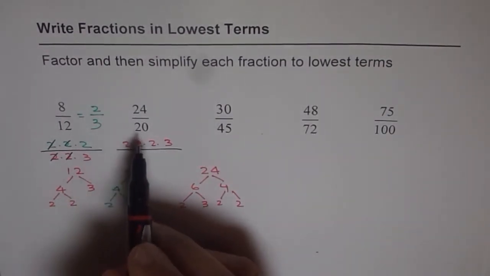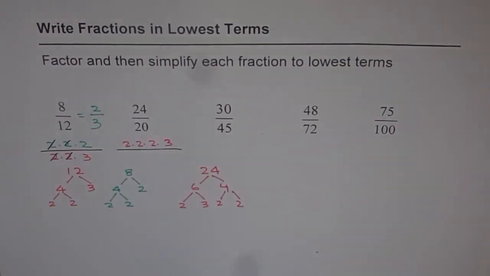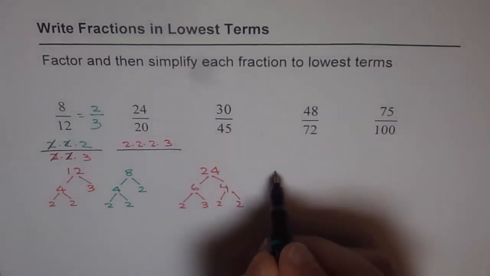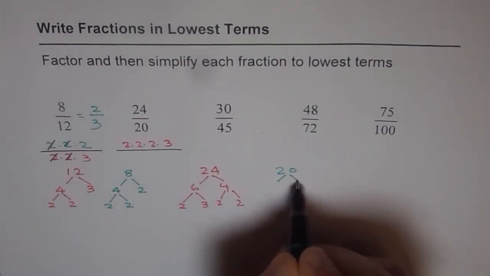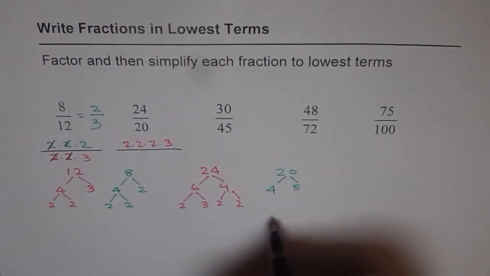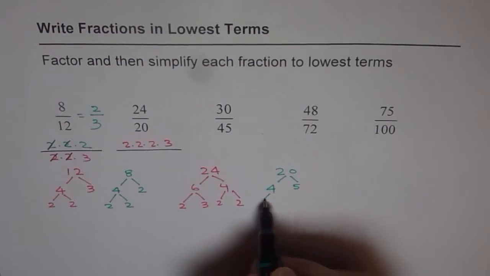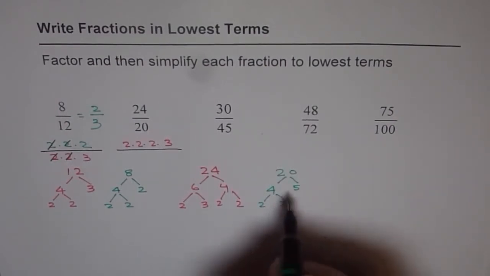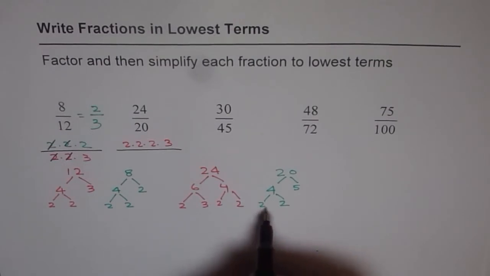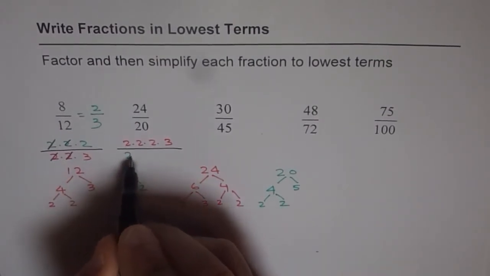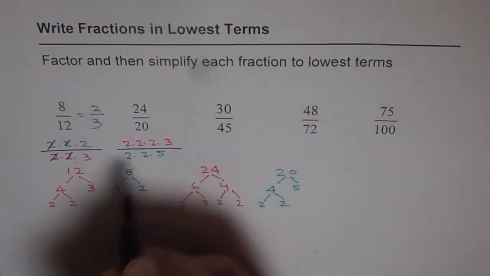Let's find factors of 20 now. Factors of 20 could be 4 and 5, correct? 4 times 5 is 20. 5 is a prime number since only 1 times 5 is 5. And 4 we know is 2 times 2. So 20 can be written as 2 times 2 times 5.